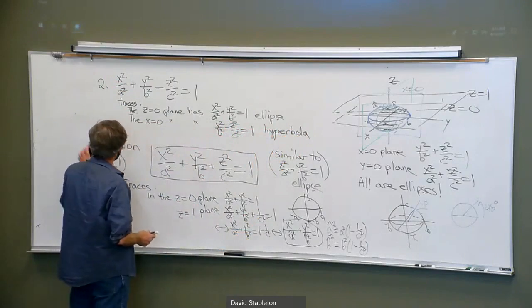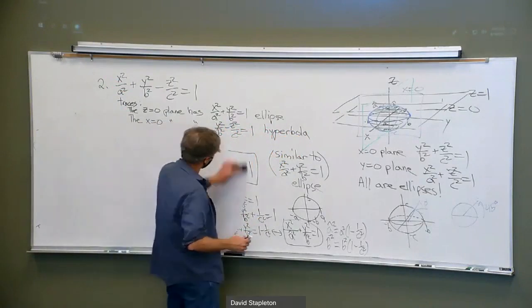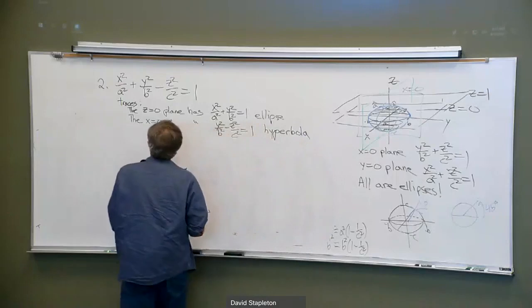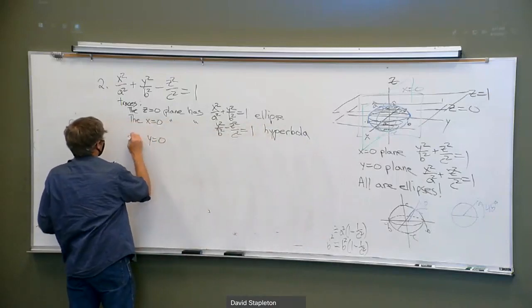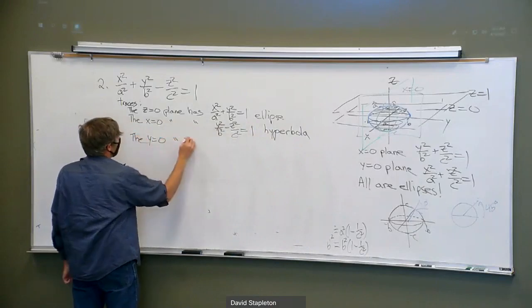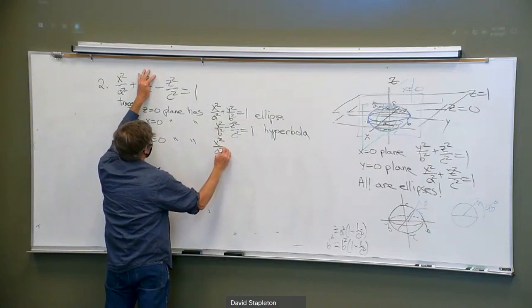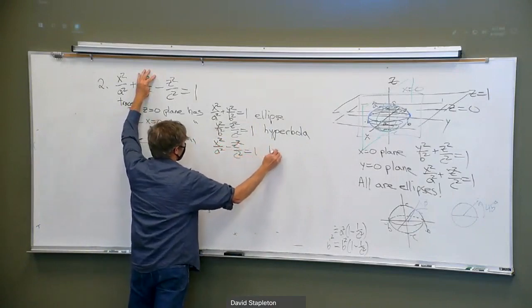And then you might say, well, what happens now if we put y equals 0? In the y equals 0 plane, I get x squared over a squared minus z squared over c squared equals 1. I observe once again it's a hyperbola.